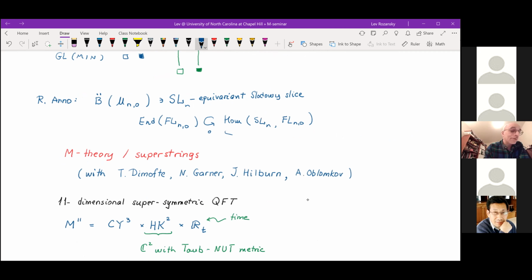So this is the category that Rena uses. And the action of affine braids on her category in the language of the two-category comes from this construction. So you send affine braids in here. And this is how it goes through. So again, a miracle is that the equivariant Slodowy slice is again symplectic, although it didn't have to be for this construction.